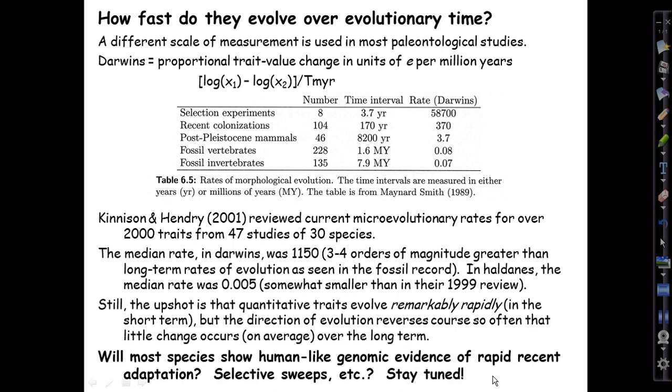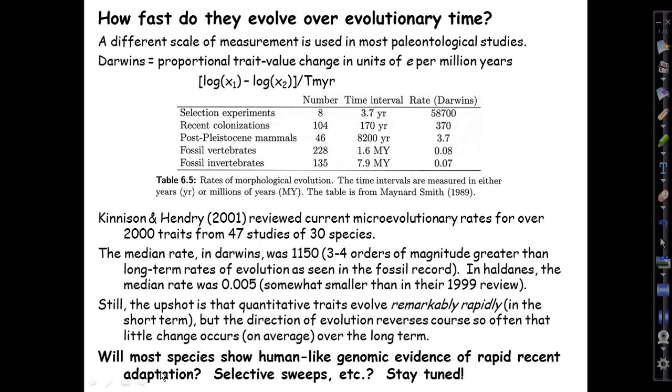So it says there is a whole lot of natural selection happening in the here and now, but evidently it changes direction often enough that long-term rates of change are really very, very small in comparison.